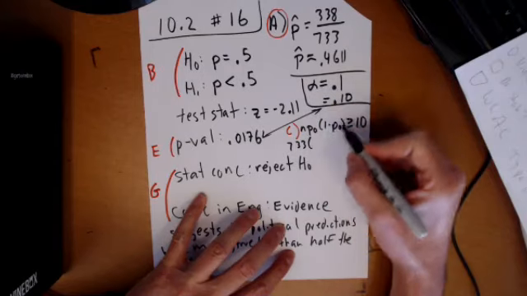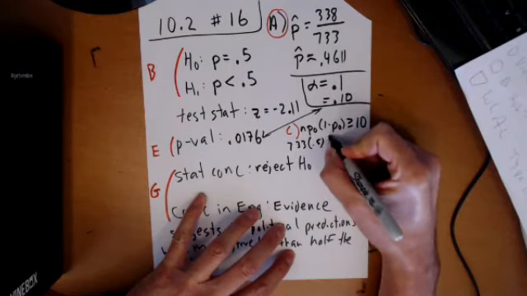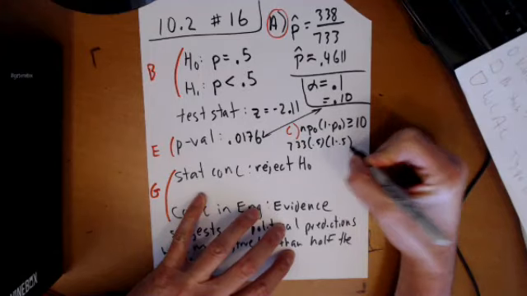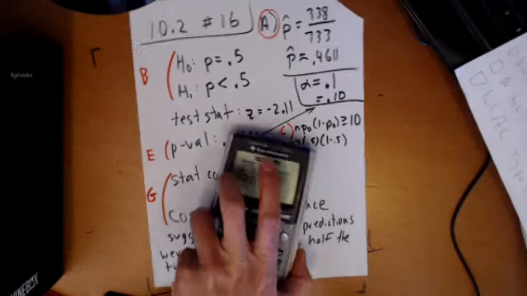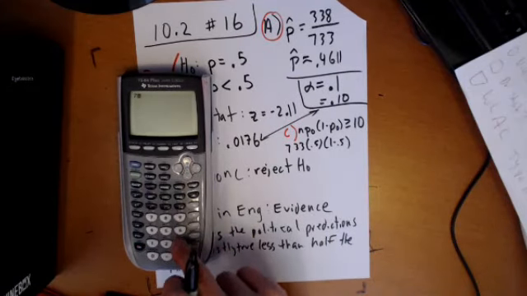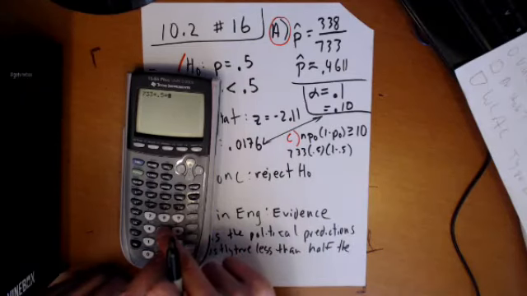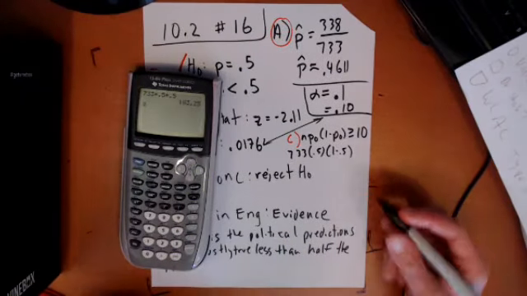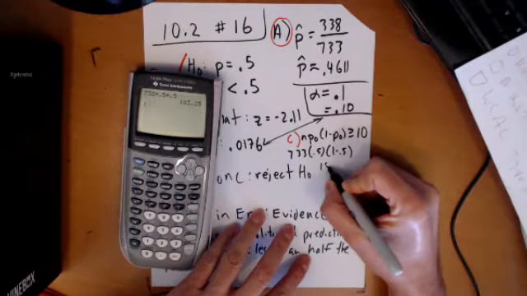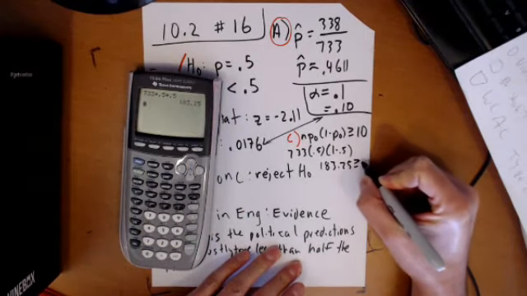P naught is the p mentioned in the H naught, 0.5, 0.5, 1 minus 0.5. And if I throw that into my calculator, 733 times 0.5 times 1 minus 0.5 is 183.25, which is greater than or equal to 10.